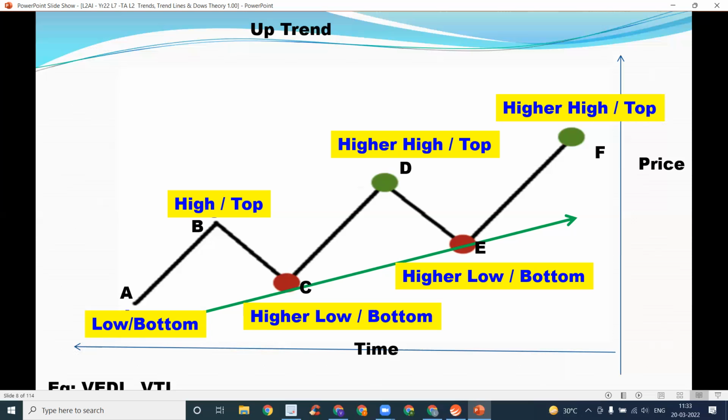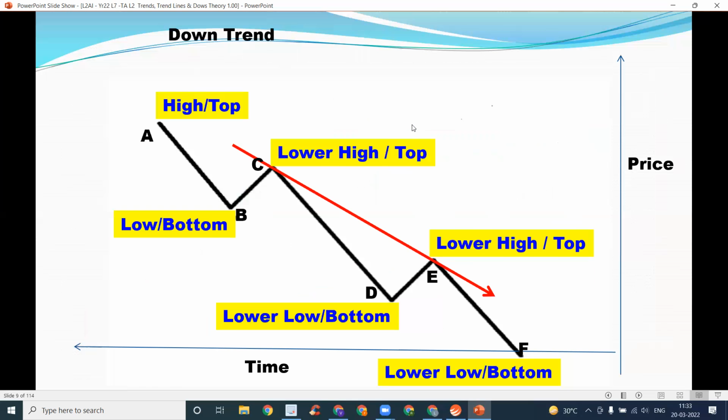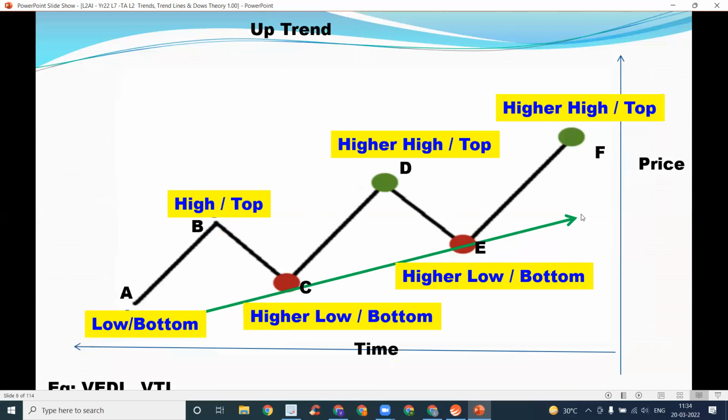Because normally in life we see that if we move faster up, we will be moving down at the same speed also. So if a stock is moving in a proper manner at an angle of 45 degrees, then that stock is good enough, because it will have a proper kind of movement.